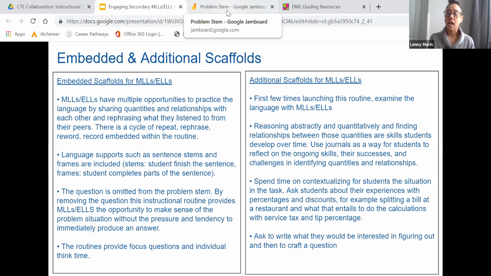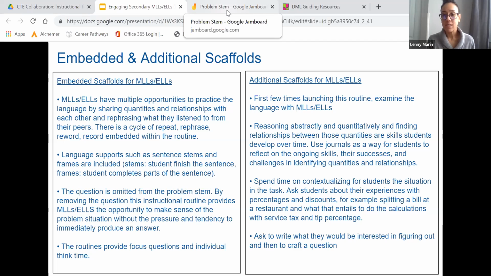Now, some additional scaffolds that I purposely added within the routine: if you noticed, I had the vocabulary sheet. I could definitely have spent more time previewing that language, going over that with students, really examining the morphology. One that I didn't use here, but I would consider if you were going to implement instructional routines in your class, is having a journal, especially as a reflection process, so that students are realizing how they are learning and how their learning is changing.